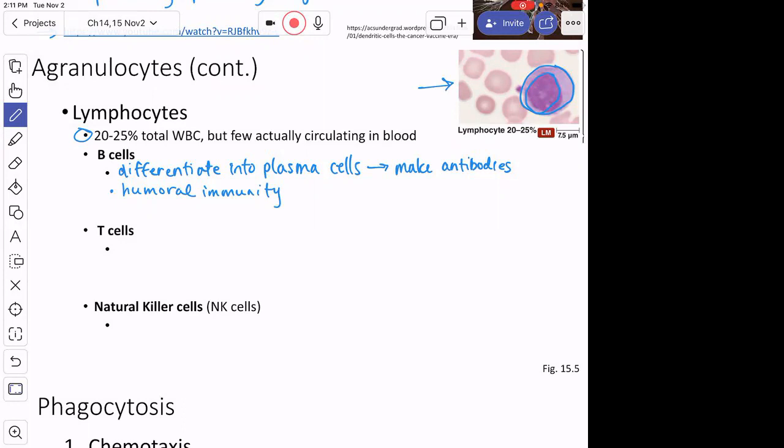There's several different kinds of T cells. And again, just an introduction, we'll talk more about this later, but cytotoxic T cells and helper T cells are going to be really important in terms of what we call cell-mediated immunity.